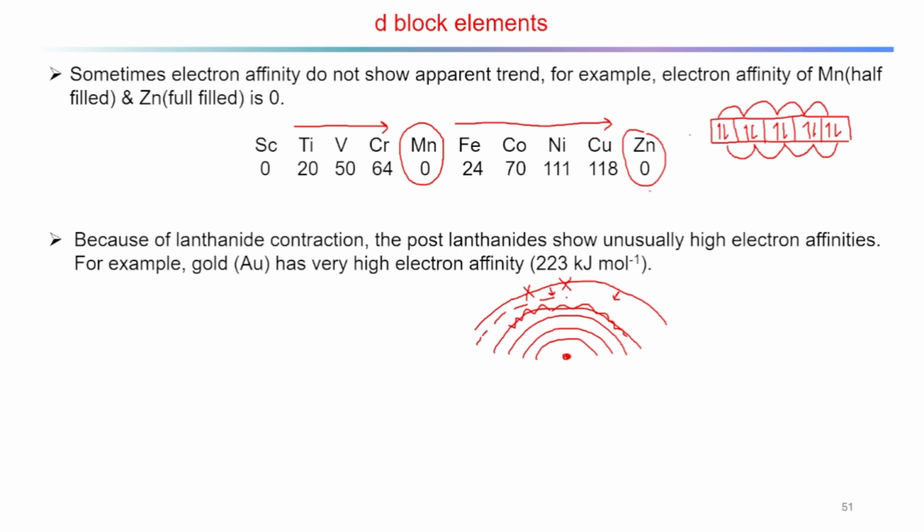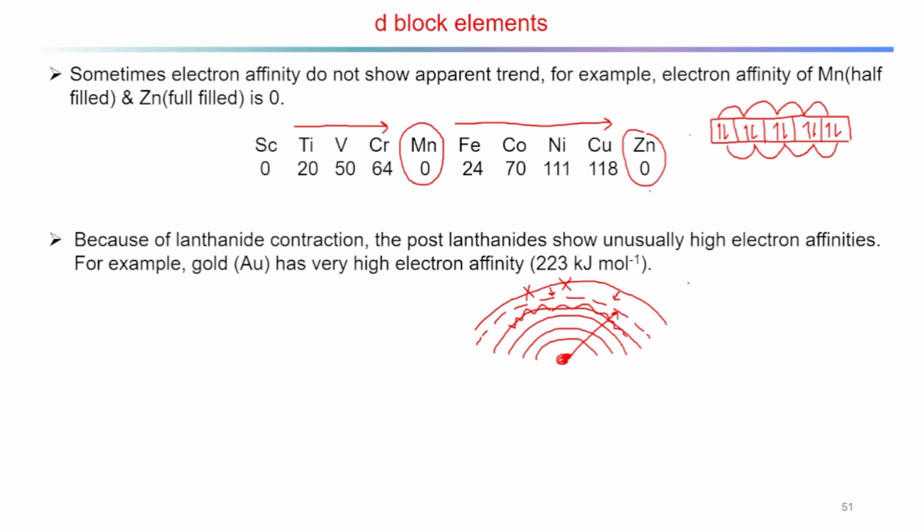As it is shrinking, you can see the distance is decreasing between the nucleus and this valence shell where the electron density is maximum. So this distance, which is denoted as r, is decreasing now. So this nucleus can now have higher electrostatic interaction.